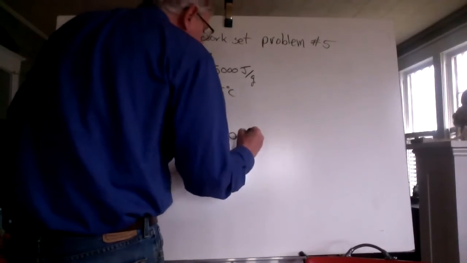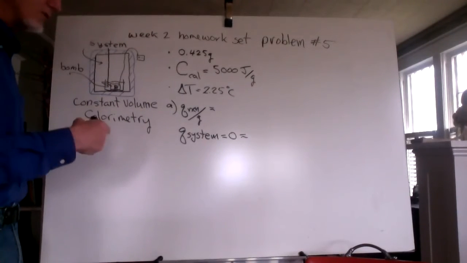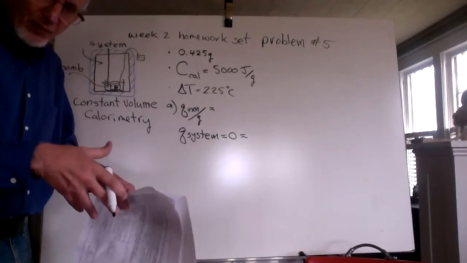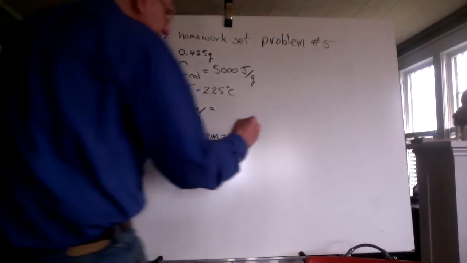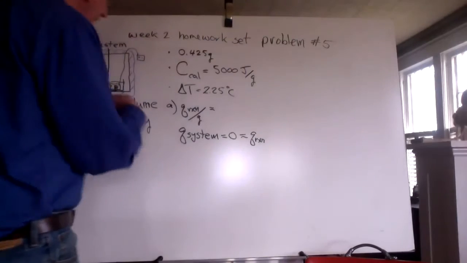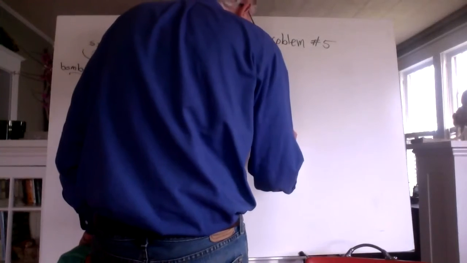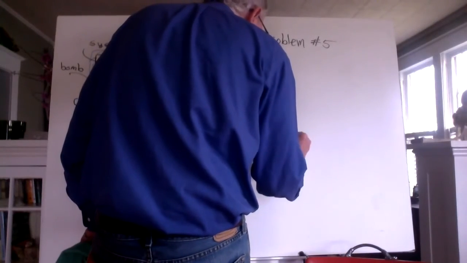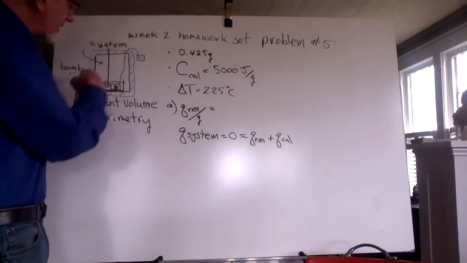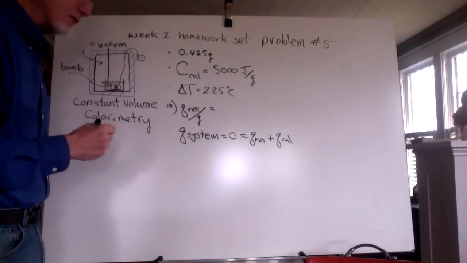But even though the Q of the system is 0, the heat energy exchange between the system and the surroundings is 0, there's a lot of heat energy exchange taking place within the calorimeter. The reaction is releasing heat energy as that little piece of cereal combusts. And that heat energy released by the reaction is absorbed by the insides of the calorimeter, by the water in the calorimeter, the walls of the calorimeter, the thermometer, and everything else inside.